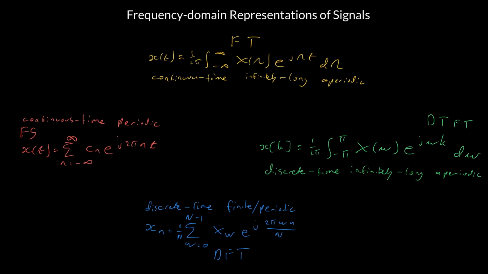As we mentioned before, the first common feature is that they are all a sum of sinusoids of the form e to the j omega t. Here's e to the j omega t explicitly. Here is e to the j omega k, but k is just time, so that's basically e to the j omega t again. Down here we have e to the j. Now here we've got our time, which is n, so that's the t part, and our omega, our frequency, is given by 2 pi w divided by n.